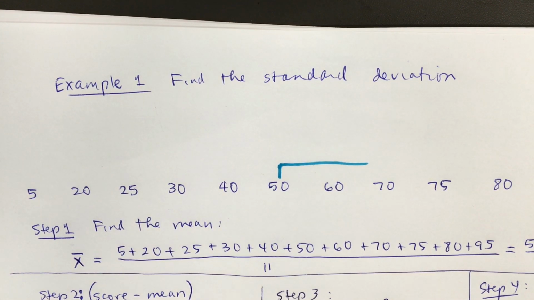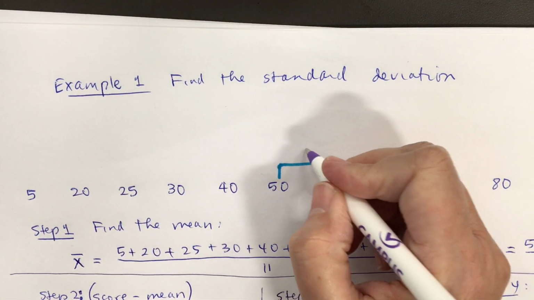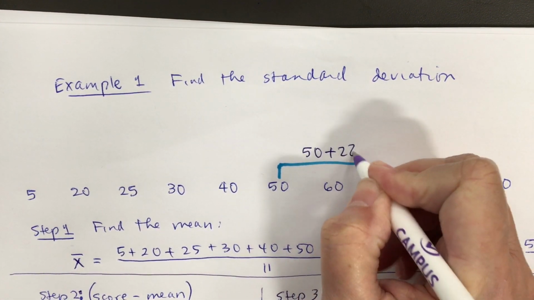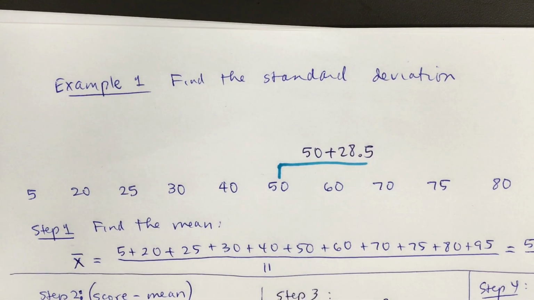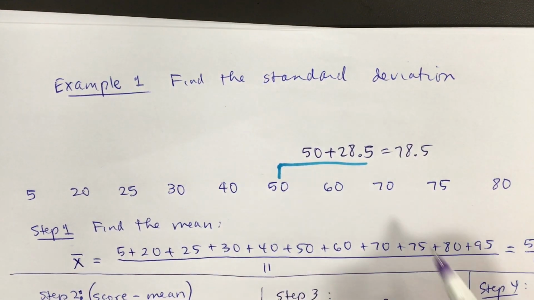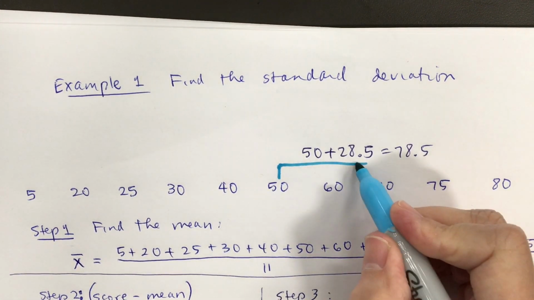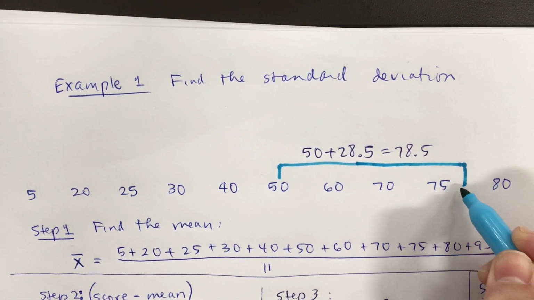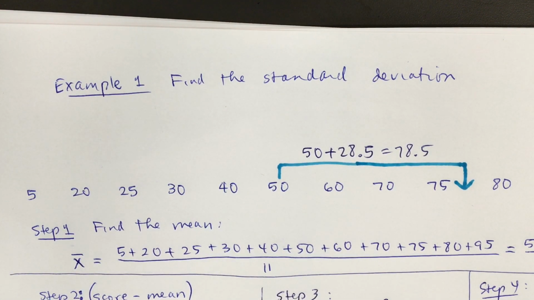I'll do 28.5 just because it'll be easier to add. I've rounded the standard deviation to 1 decimal place. That's going to give me 78.5. There is no score that is exactly that, but if there were, it's right there between 75 and 80.